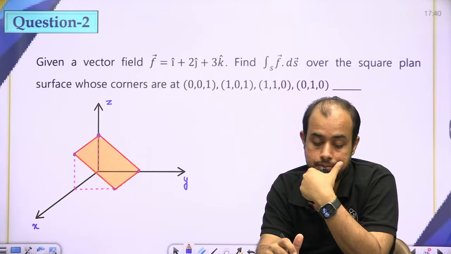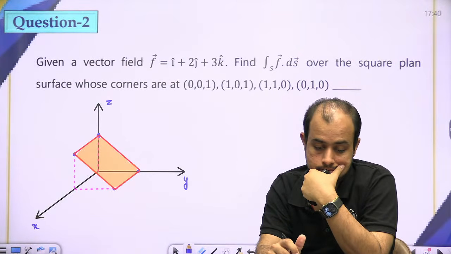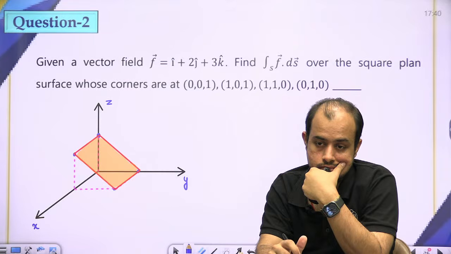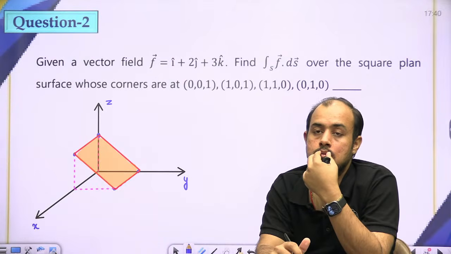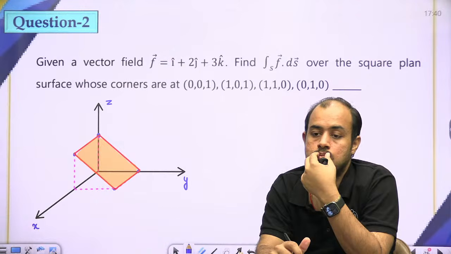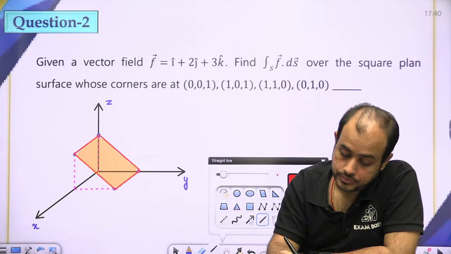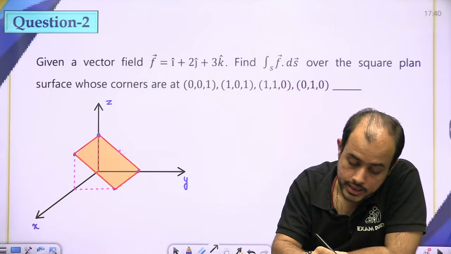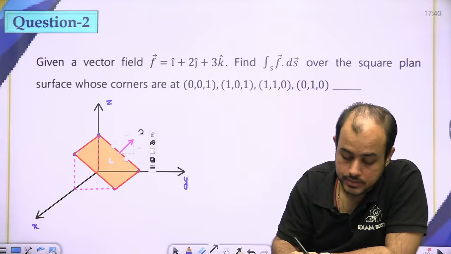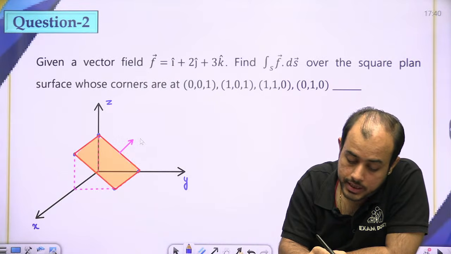So what is coming? Look, if you take a normal over here, the normal will come as a cap.